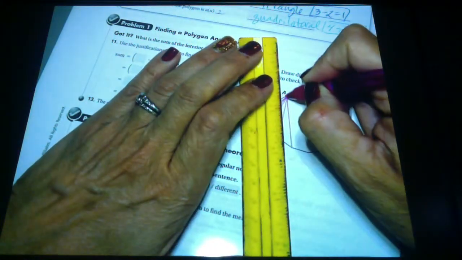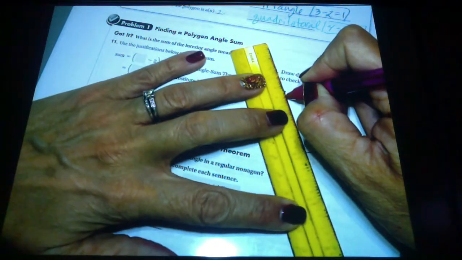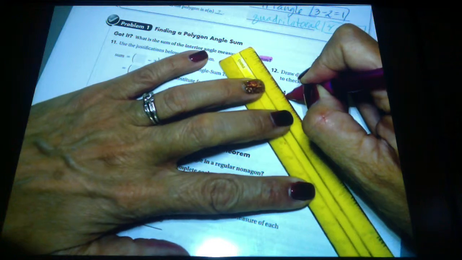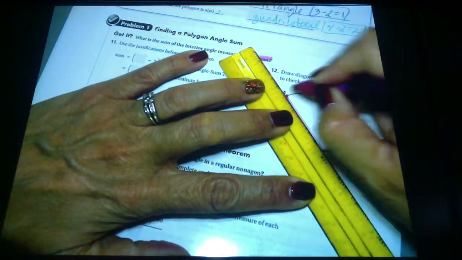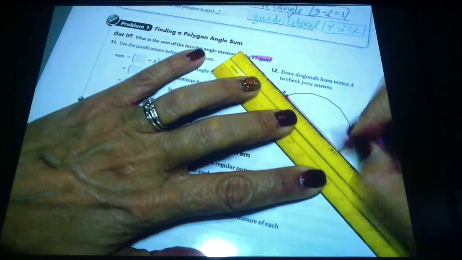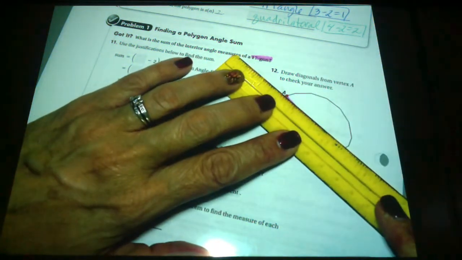So if there's 17 sides, how many triangles theoretically should we have? Nope, 17 sides, how many triangles should we have? 15. How do you get that? Yep, 17 minus 2 should give you the number of triangles.